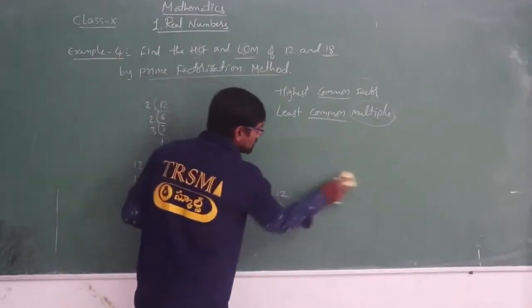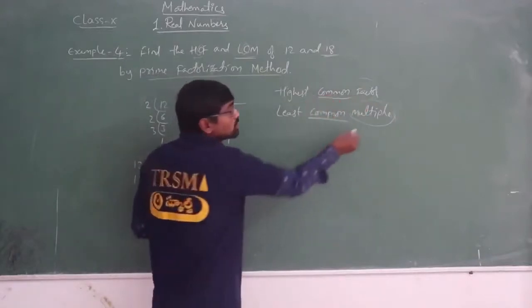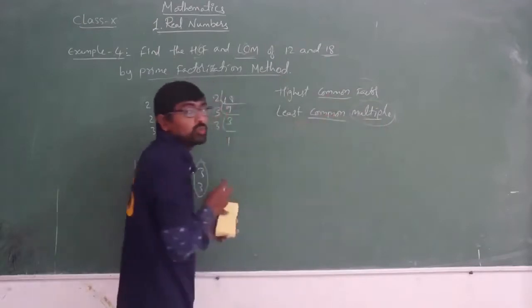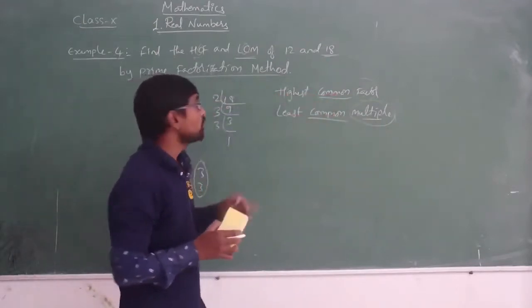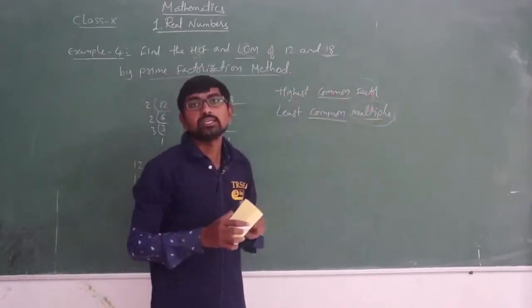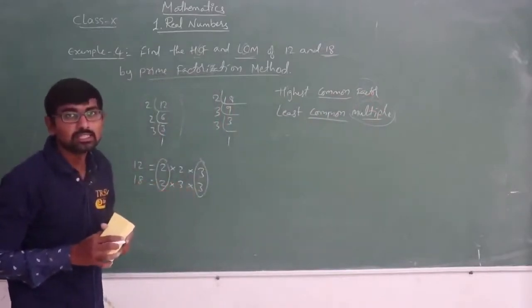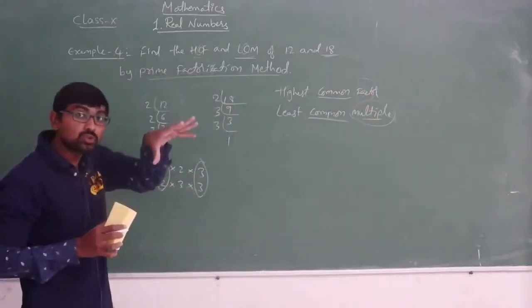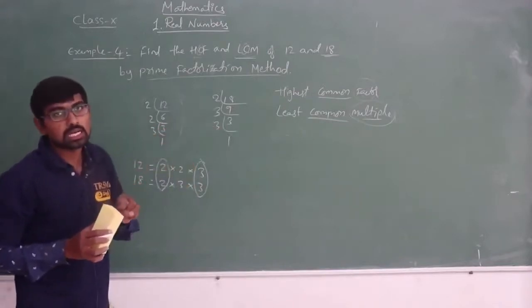So here we are discussing factors which are common, and here also multiples which are common. In HCF we are discussing the highest common factor. So here I have written the factors, and I need to check which factor is common to both the numbers.